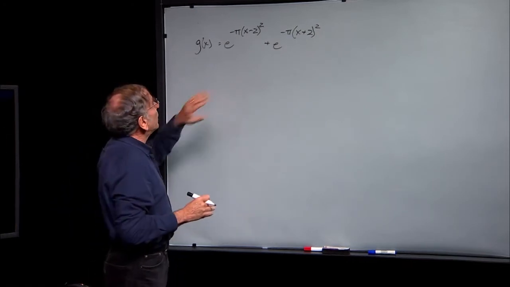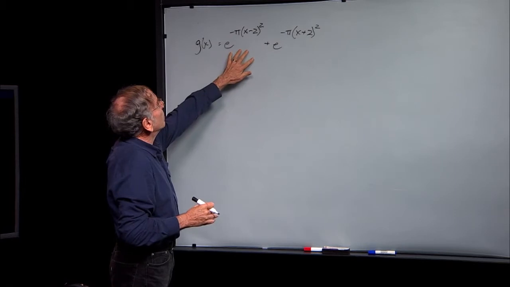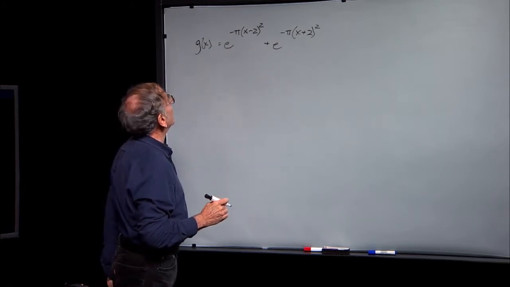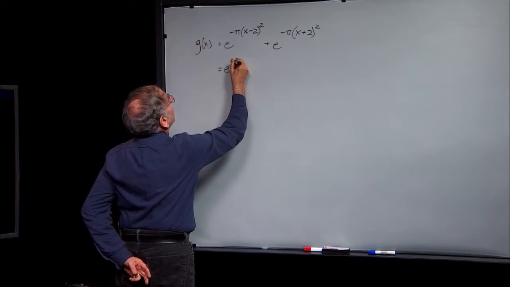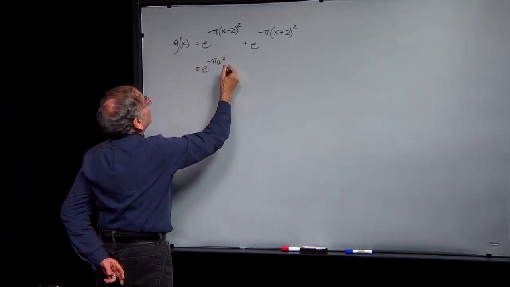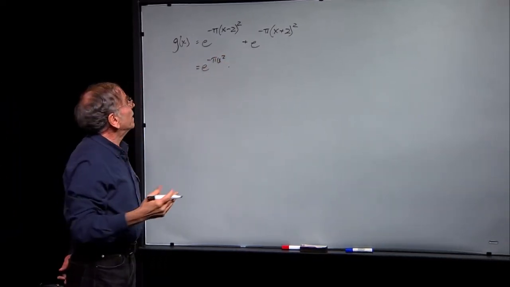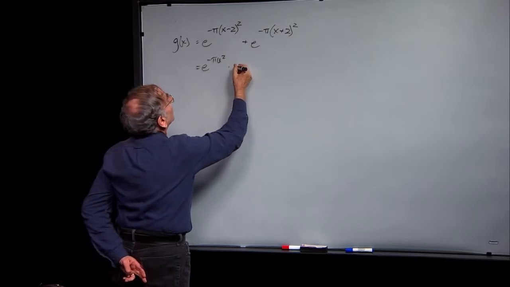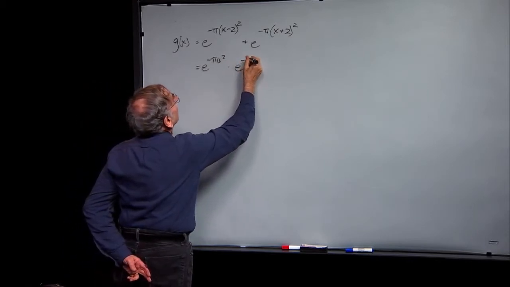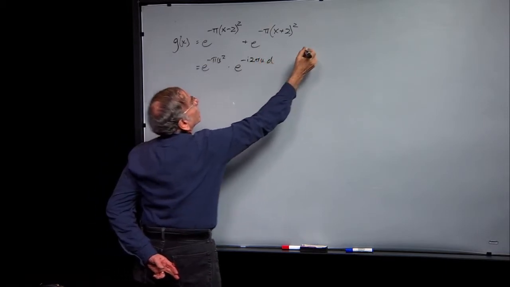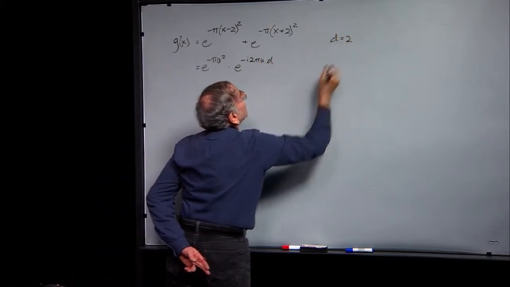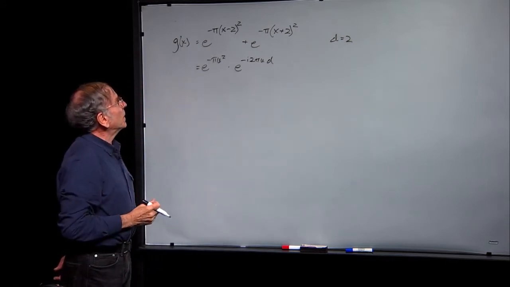It's a Gaussian, but we need to invoke the shift theorem because we've shifted these away from the origin. So this first one looks like e to the minus pi u squared times the shift phase term, which looks like e to the minus i 2 pi u d, where in our case d happens to be 2. That's the size of the displacement.